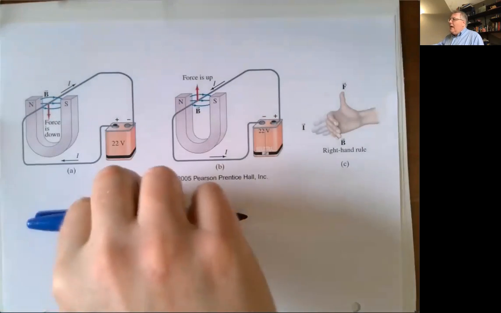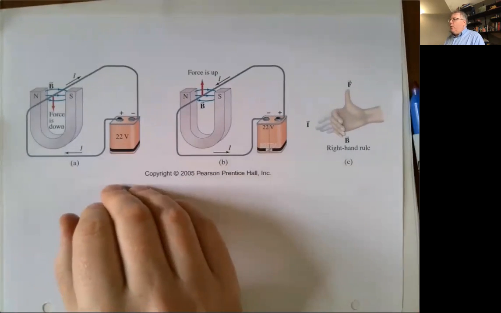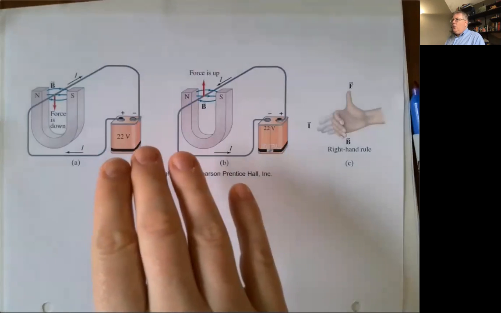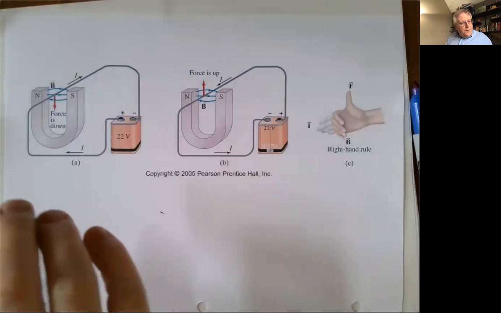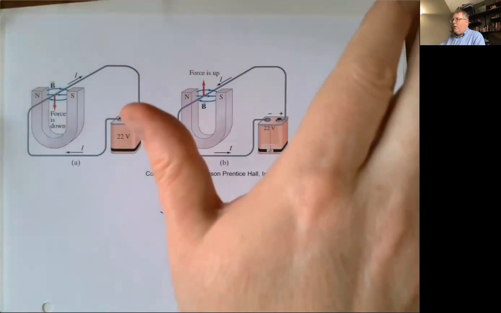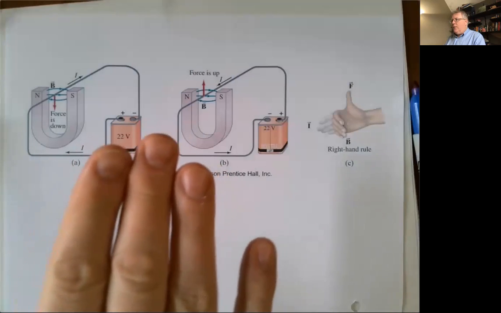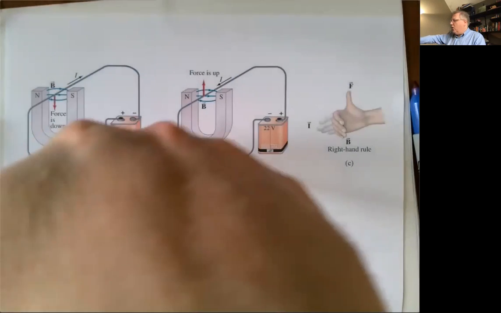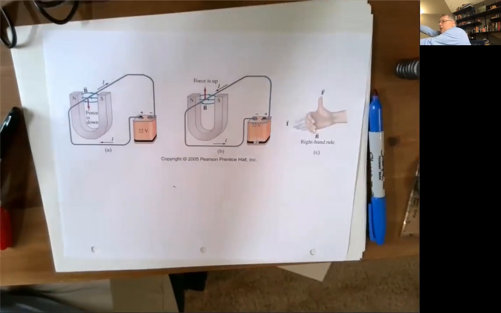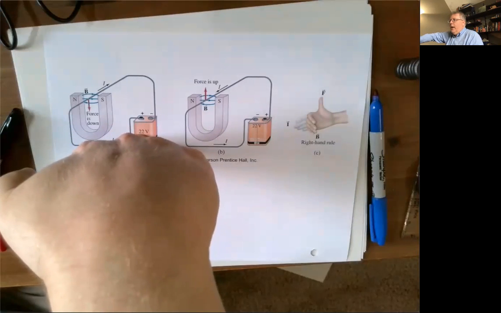So if you want to figure out which way the force is going, you take your right hand, and the force is going to be which way your thumb points. You point your fingers in the direction of the current. In this case, the current is going into the page, or into your screen if you like.